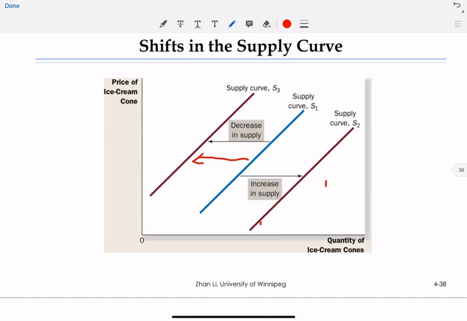Then obviously supply is smaller for supply curve S3. So basically the conclusion here is if you move the supply curve to the right, you will get higher supply. And if you move the supply curve to the left, you will get lower supply.